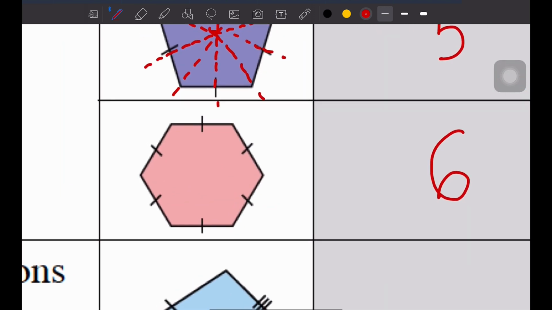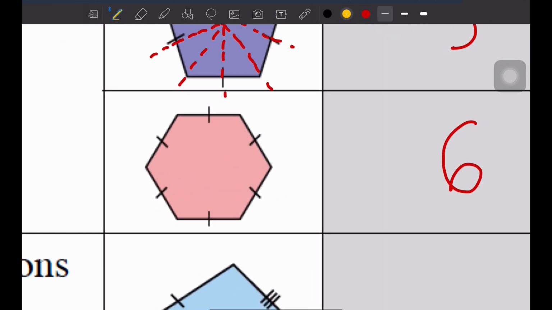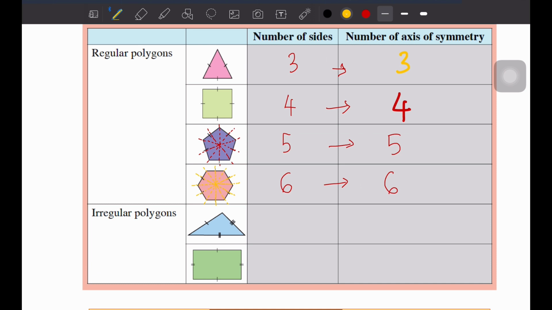Let's search for it. 1, 2, 3, 4, 5, 6. That's right. So we have 6 sides and 6 axes of symmetry.